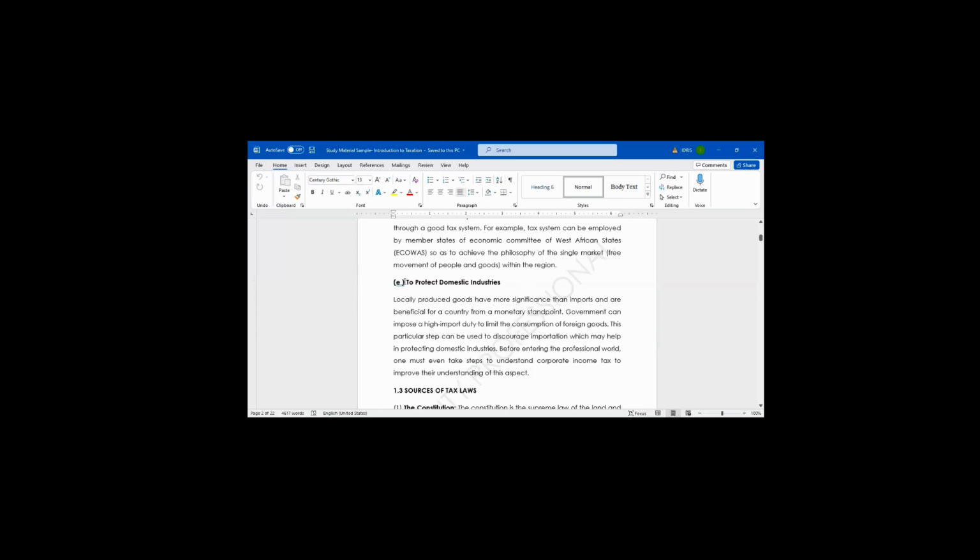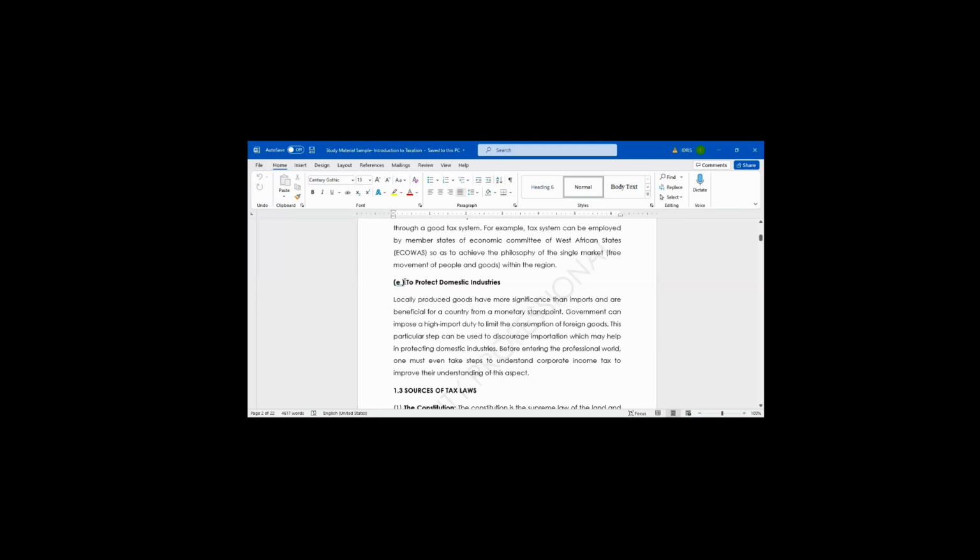Aside from the objectives I mentioned, we have another objective which is not in my material here: to discourage consumption of harmful goods. Another objective of taxation is to discourage what? Consumption of harmful goods. There are some goods that are harmful to our health.